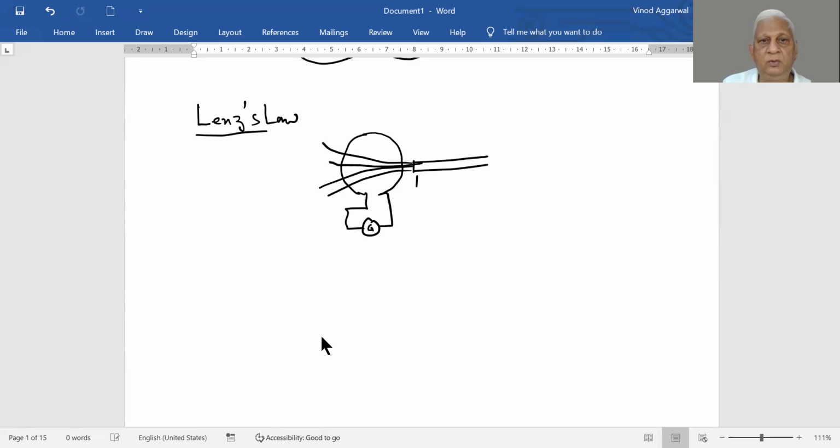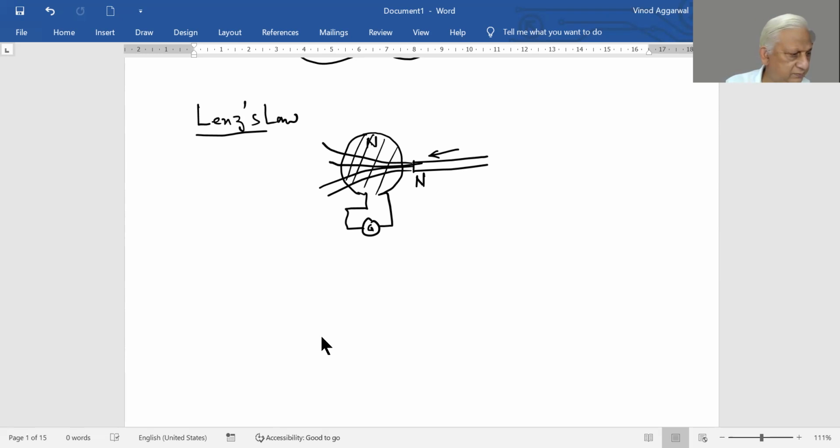Let us say this was the North Pole, then what will happen? If you see along the direction of the magnet, this face will become a North Pole. Why? North Pole will repel North Pole. That is what it is.